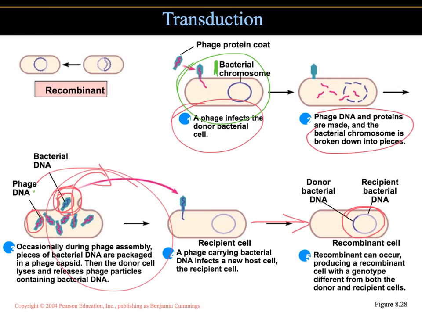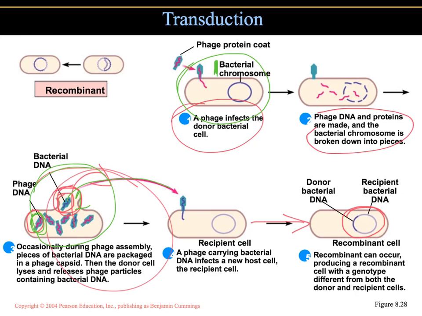So here in picture number 3, when the phage is getting the DNA packed into it, it should have its own DNA packed into it as pictured by the pink, but sometimes it gets the DNA of bacteria number 1 packed in there instead.